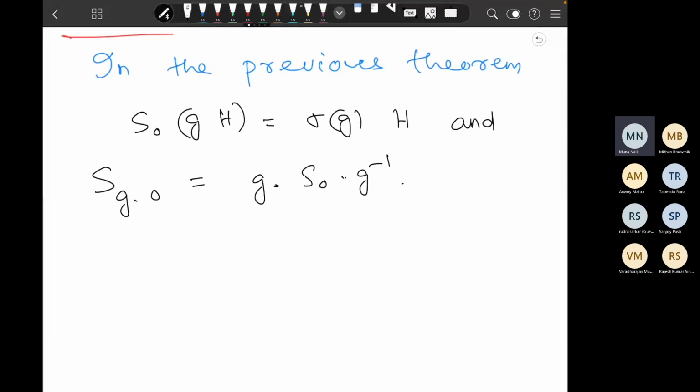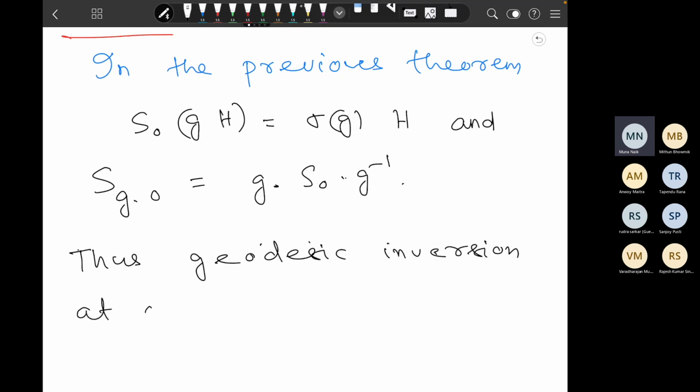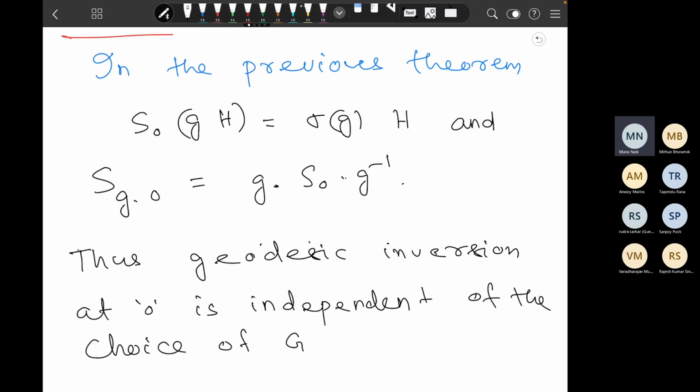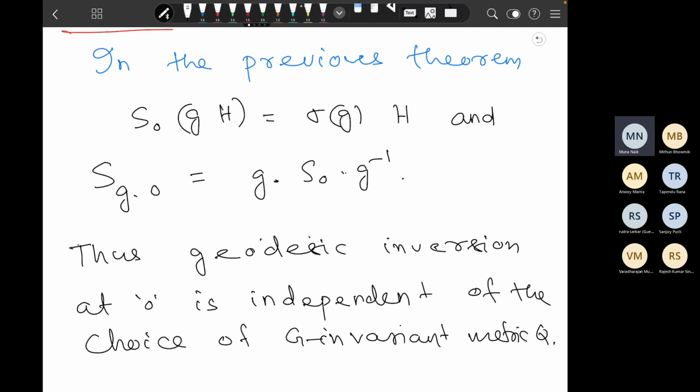Okay, so yes, therefore S0, the geodesic inversion at o, is independent of the choice of G-invariant metric Q. So since S0 is independent of choice of the Riemannian metric Q, only it depends upon the involution.